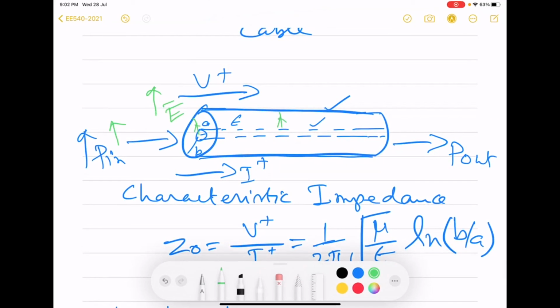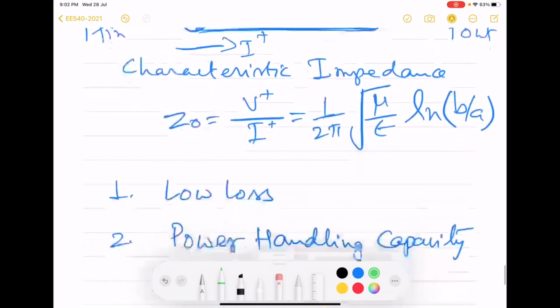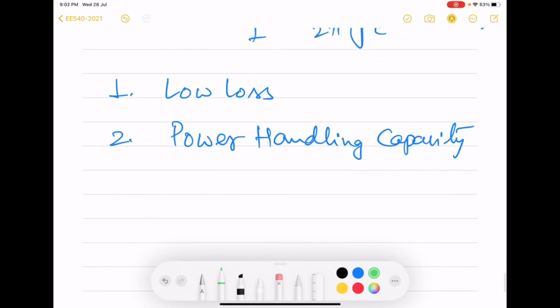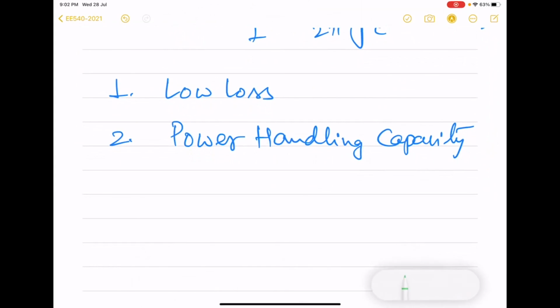That means current will start flowing from inner to outer conductor instead of going in the lateral direction along the axis. So there will be a lot of heat generation because we have dielectric inside it. There will be a sudden large power loss, and that is not desirable. So this power handling term comes because of the dielectric breakdown of the filling material between inner and outer conductor.